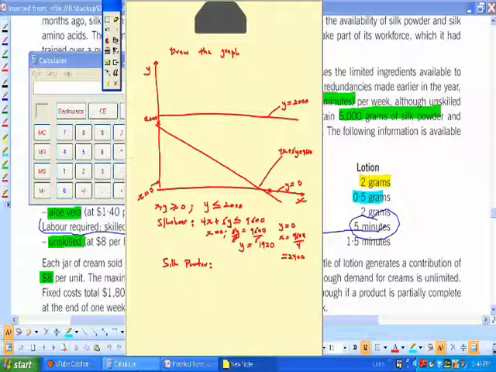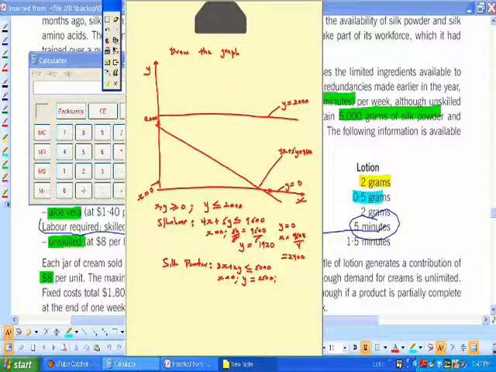For the silk powder, the equation was 3x plus 2y is less than or equal to 5000. So when x is 0, y will equal 5000 divided by 2, which is 2500.